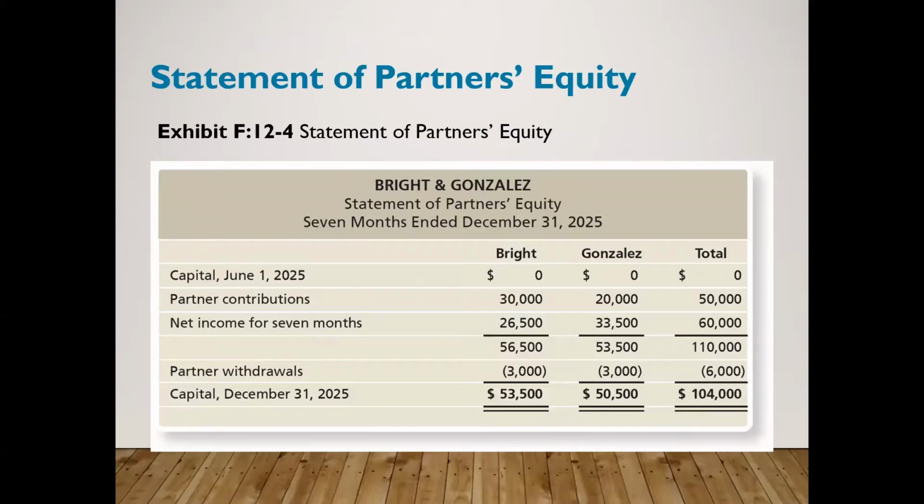Remember that the statement of partners' equity shows changes in each partner's capital account for a specific period of time. Now, unlike a sole proprietorship statement of owner's equity, the statement of partners' equity shows each partner's capital account separately, including partner contribution, net income allocation, and partner withdrawals.